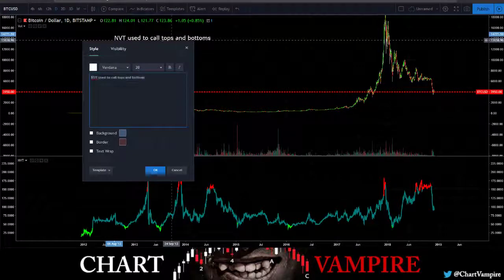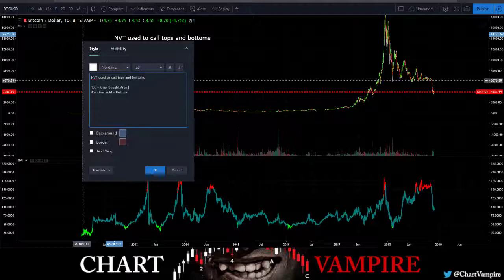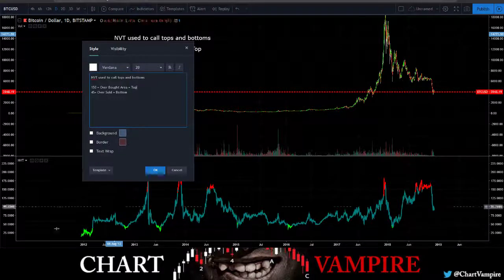One of the key things we're looking for on the NVT indicator is 150 equals the overbought area, and 45 technically equals the oversold area, or we're going to call this the bottom. And we're going to call this one the top.